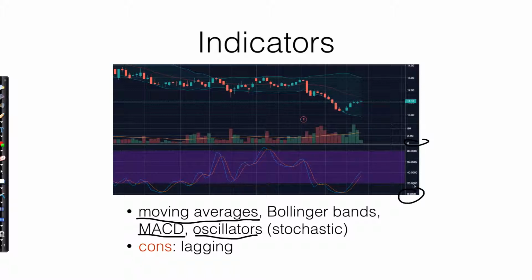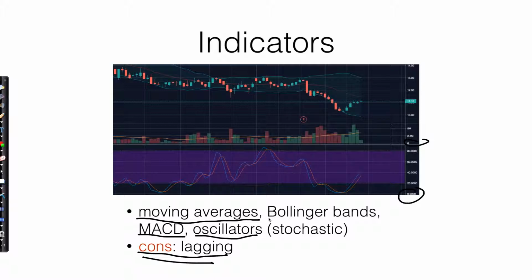So default is 20/80. Above 80 is overbought. So what does it mean? It means that if this line is low, it is a good time to buy because everyone basically sold it. That's what the indicator is telling you. This has been sold so much that it can only go up. And when it's here, it has been bought so much that it can only go down. But as I say, the problem is that these guys are lagging.